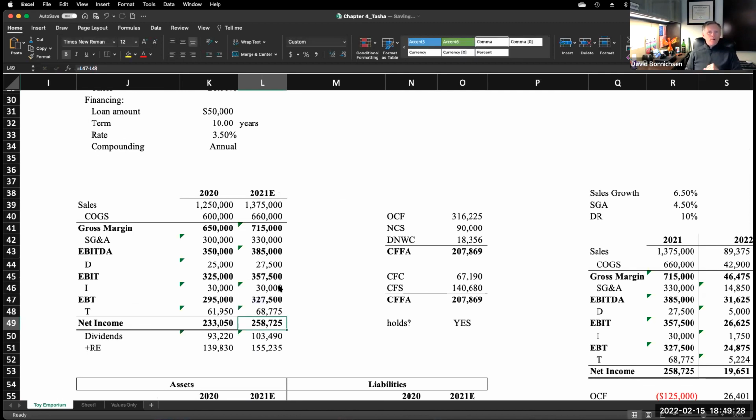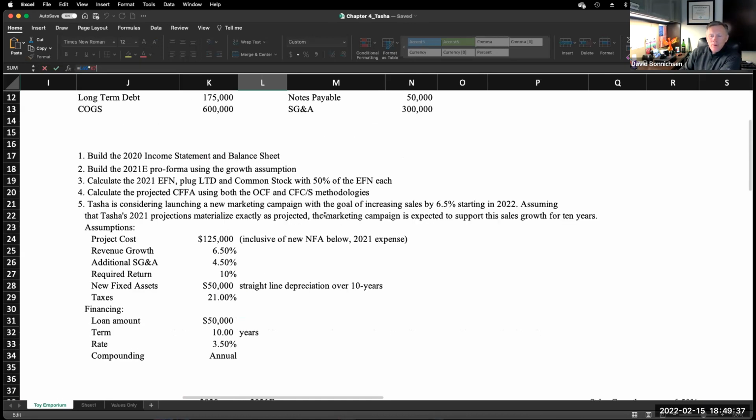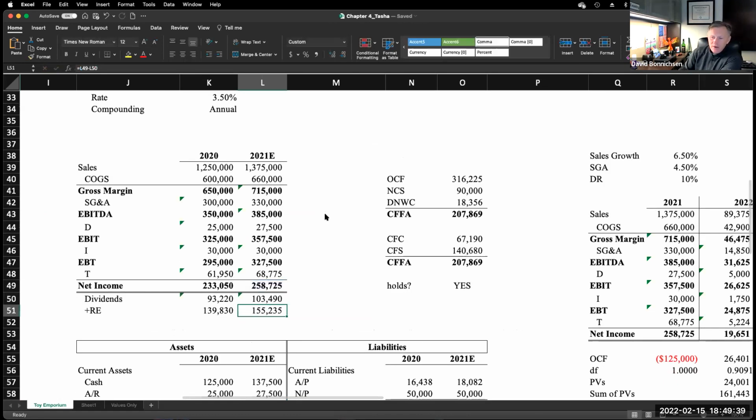And that gets us to our projected net income. Then using the same payout ratio from our assumptions table, we get the dividends that were paid out, and then 1 minus that is our retained earnings. So net income minus dividends gives us the addition to retained earnings estimated for 2021.